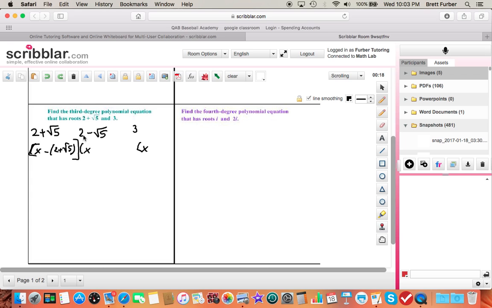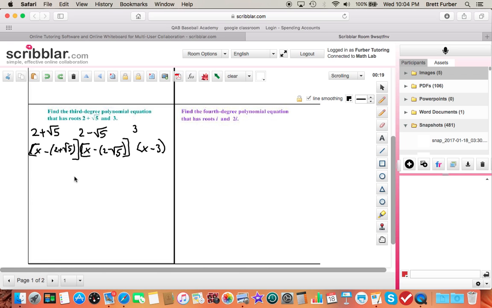And then the same thing here. If x is 2 minus the square root of 5, then I'm going to have to subtract 2 minus the square root of 5 in order to be able to cancel it. And then obviously the 3, if x is 3, then I would do minus 3. So this one we're going to save for the end.